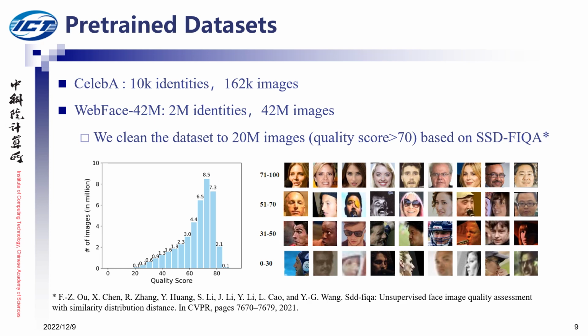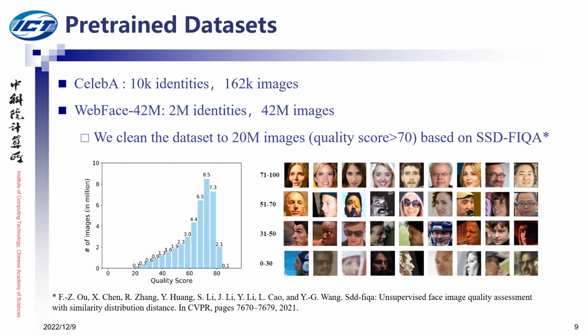To evaluate the effectiveness of introducing the intrinsic imaging prior, we perform unsupervised pre-training on the CelebA and WebFace datasets. CelebA is a popular face attribute dataset. We use the training set of 162,000 images for self-supervised pre-training.